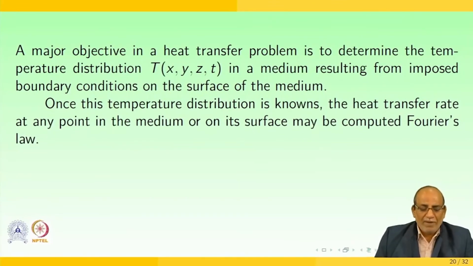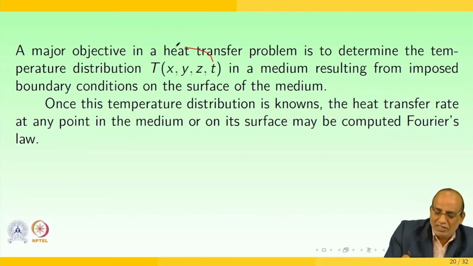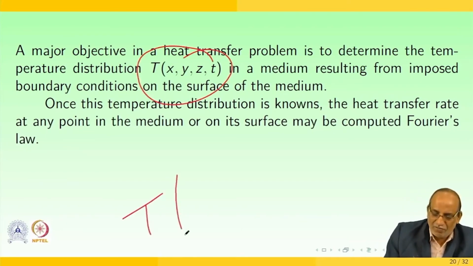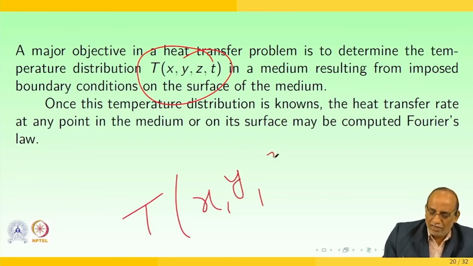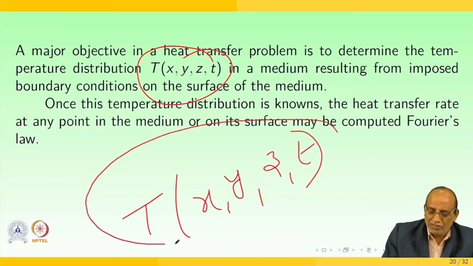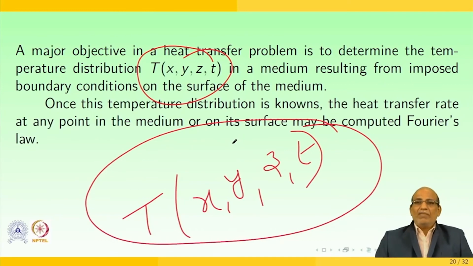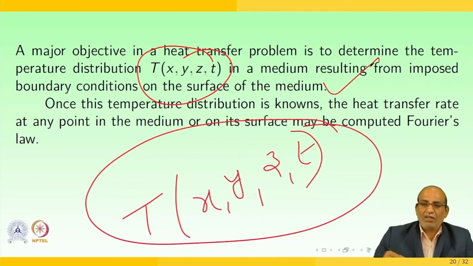A major objective in a heat transfer problem is to determine the temperature distribution, that is T of x, y, z, in a medium resulting from imposed boundary conditions on the surface of the medium, right?